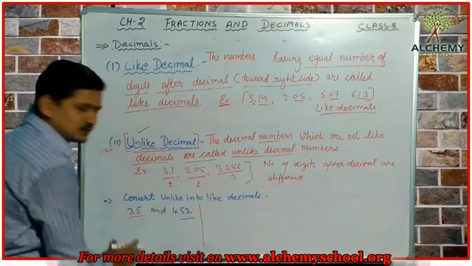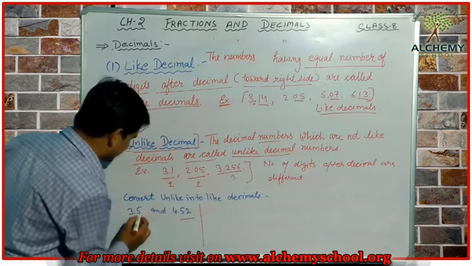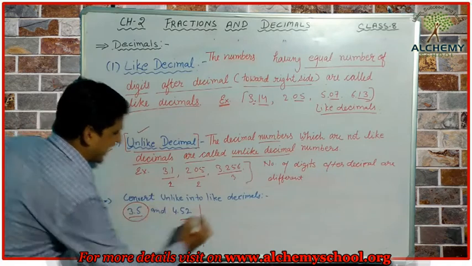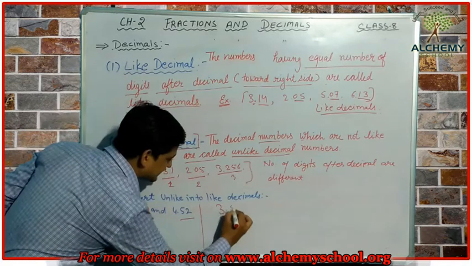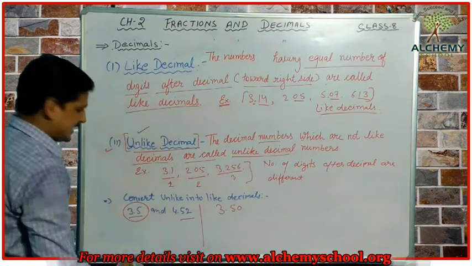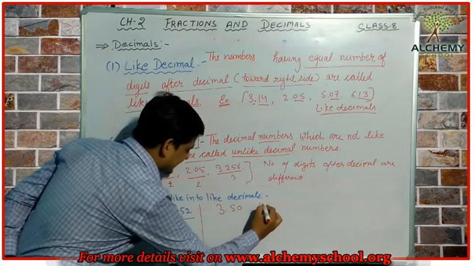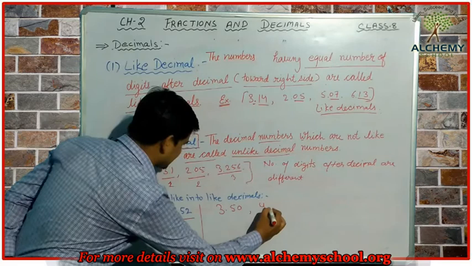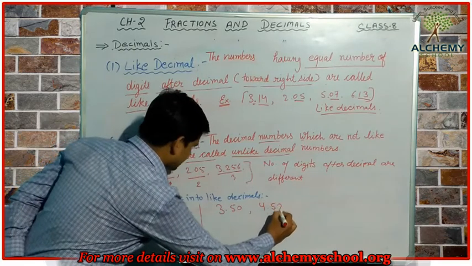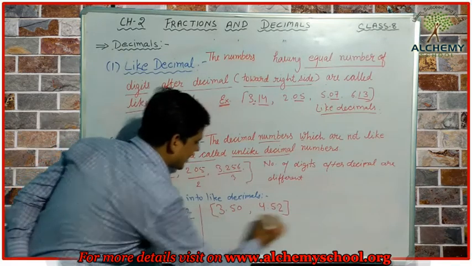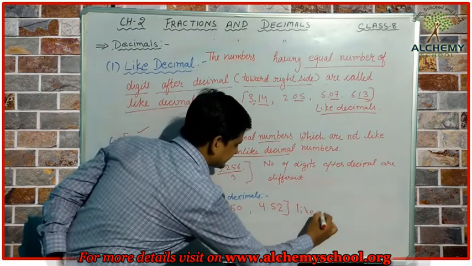Can we convert them into like decimals? Yes, we can convert, because 3.5 can be written as 3.50. And 4.52 already has two digits after the decimal point. So when we write 3.50, now they are in the form of like decimals.